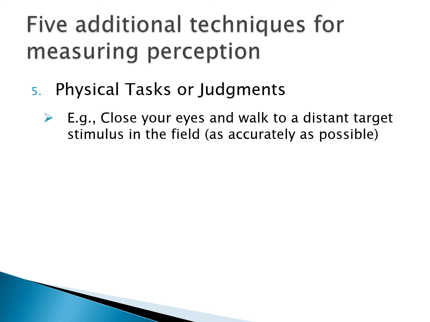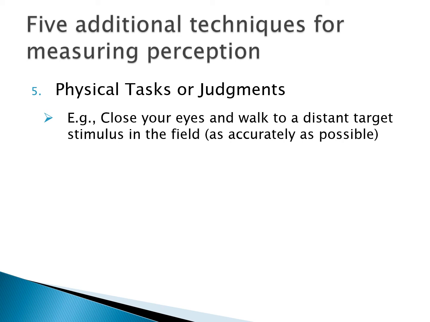The final technique he talks about here is having people perform actual physical tasks or make judgments. Those kind of belong to two separate categories in my mind, but it doesn't really matter. This first example is definitely a physical task, which involves a judgment. We're going to see this in the taking action chapter, where they show people a distant target stimulus in the field.